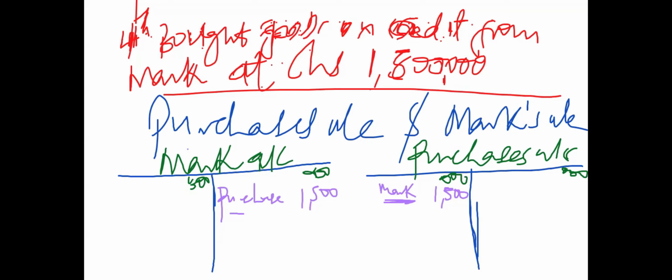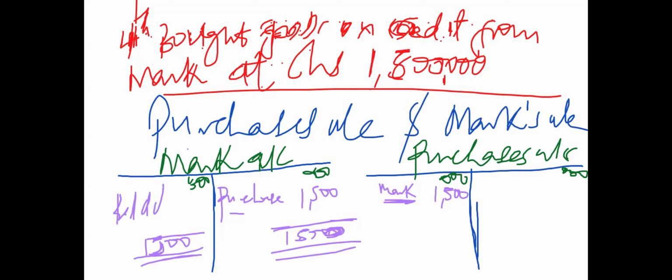So that's what we do in that. So we can close off this account too. This side is bigger, so we take the 1.5 to be the total for both. So this is going to be the balance carried down of 1.5. Then here will be the balance brought down of 1.5. So we also close off this one.